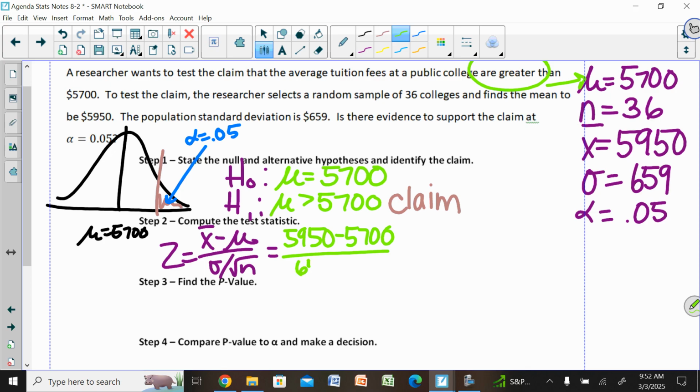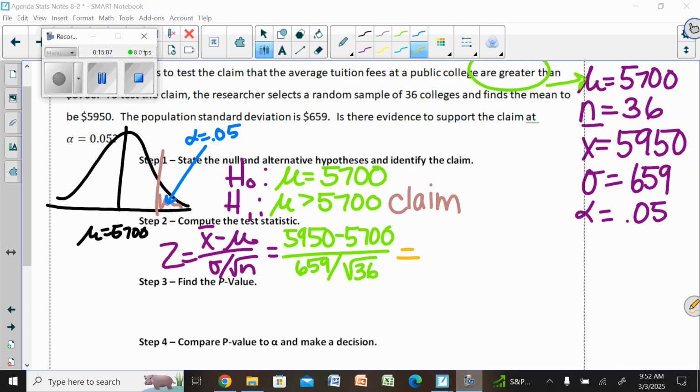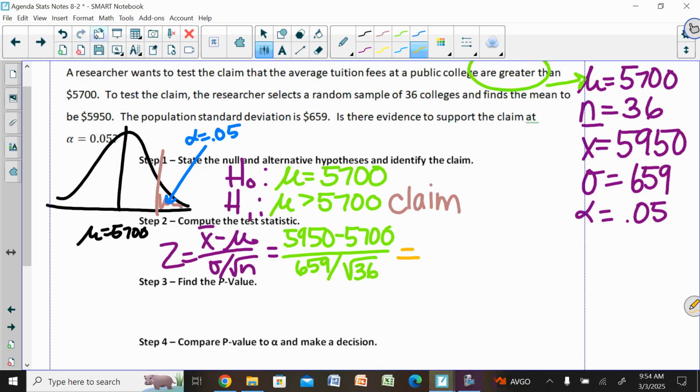Over my standard deviation, 659, over the square root of my sample size. I'm going to go ahead and calculate that at a 2.28. Check my calculation, 2.28. Okay, so we've done that.